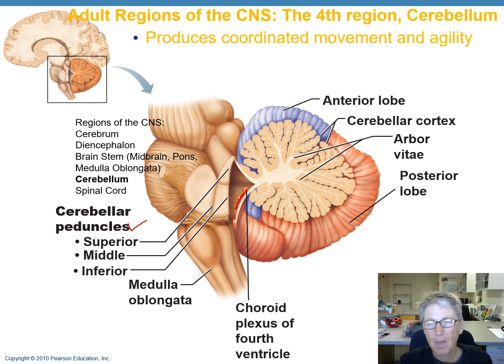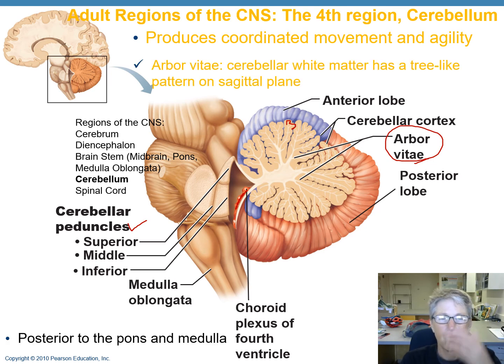The cerebellum has a cortex. So this is cut. All this gray, this brown stuff, would be the cortex. And then the white matter deep to the cortex, kind of like the cerebrum, is called the arbor vitae. That means tree of life. But basically the cerebellum helps you produce coordinated movement and allows you to be agile.